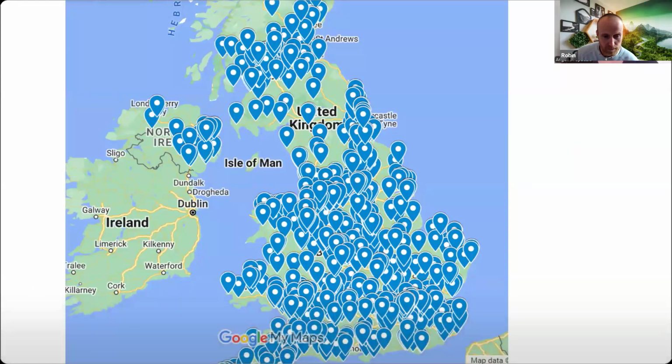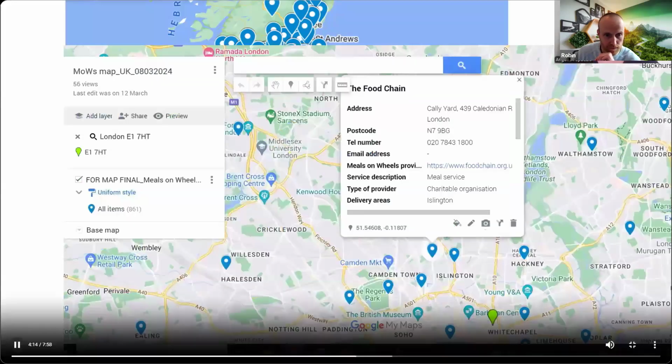So we got another grant and we did desktop research and we analyzed providers' websites, so all online information. And we put all this information we collected into a huge Excel spreadsheet, and then we imported that spreadsheet into Google Maps.